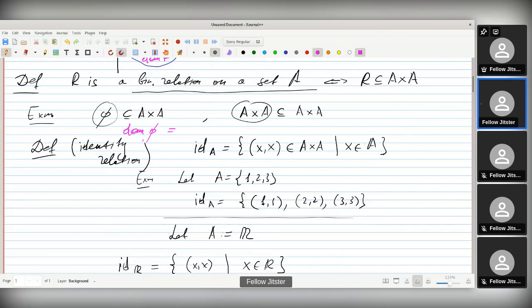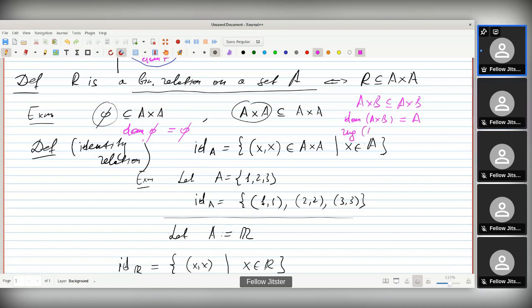Empty set. Clearly. What if I take A times B as a binary relation between A and B? What is the domain of that? I have taken all possible pairs. What are their first coordinates? It's A. Brilliant.